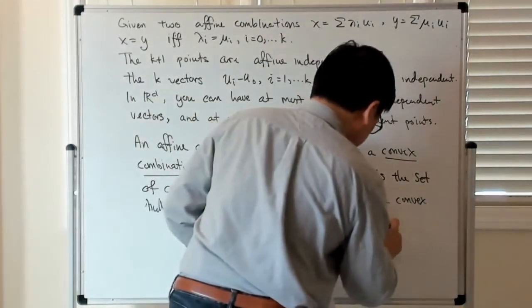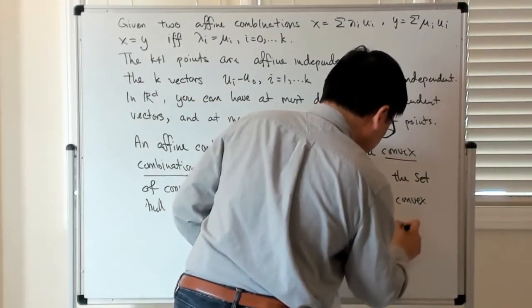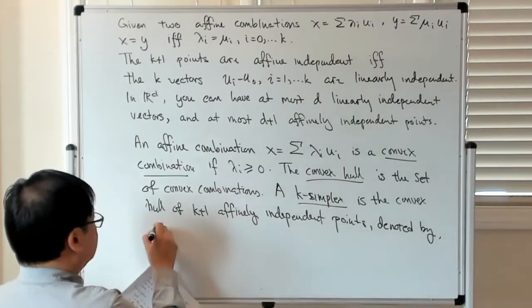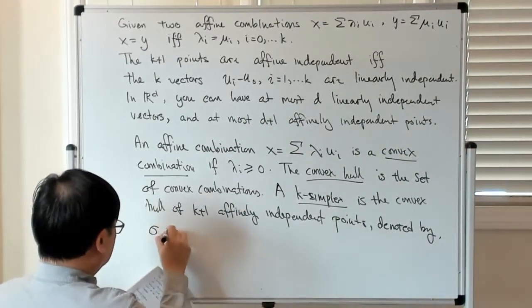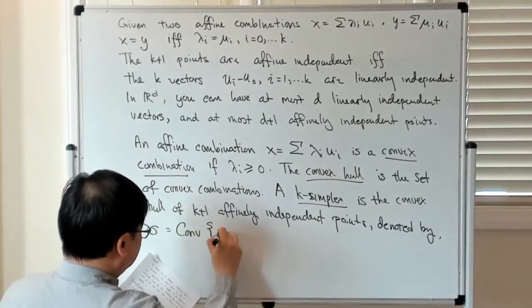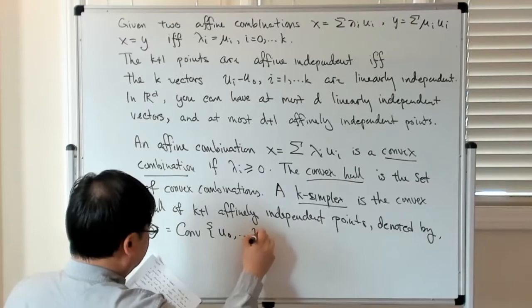Okay, and we denote this as follows. Let's say this simplex is sigma. So sigma is the convex hull of a bunch of points, u0 all the way up to uk.